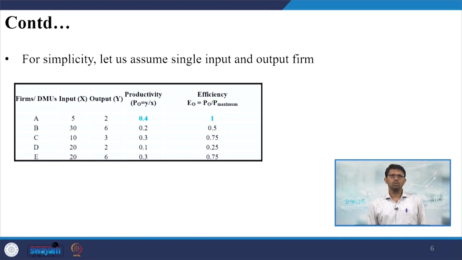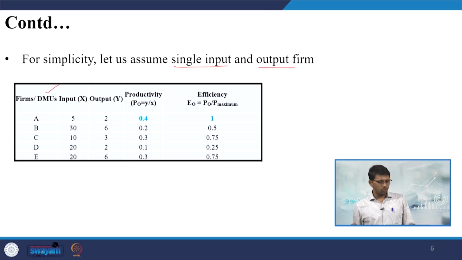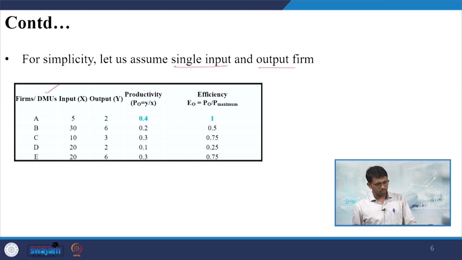We have also given an example here. You can just mark the difference. Let us assume a single input and output form, and there are different forms we have listed, usually called DMUs, decision making units. At this moment we have kept 5, and their individual input and output are mentioned in the next columns as x and y.